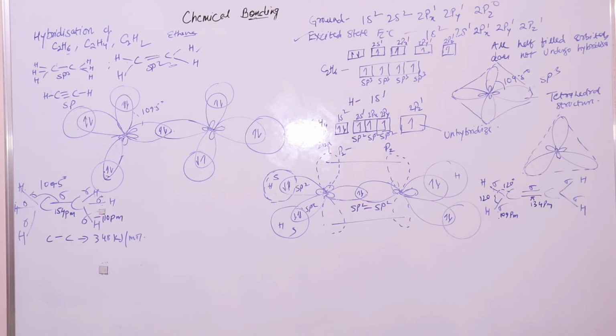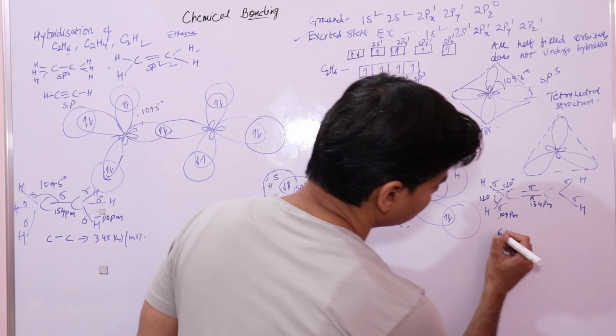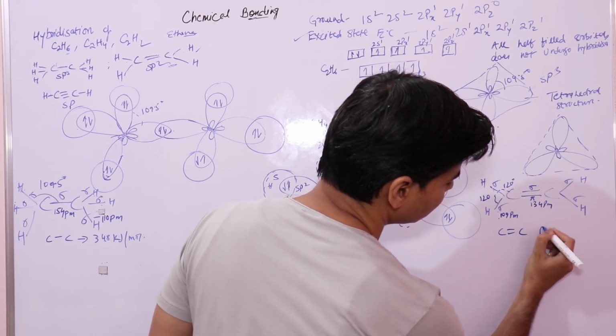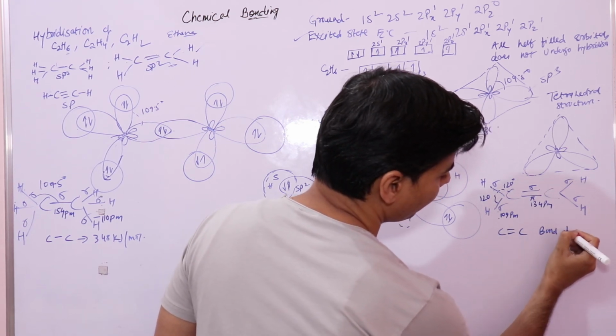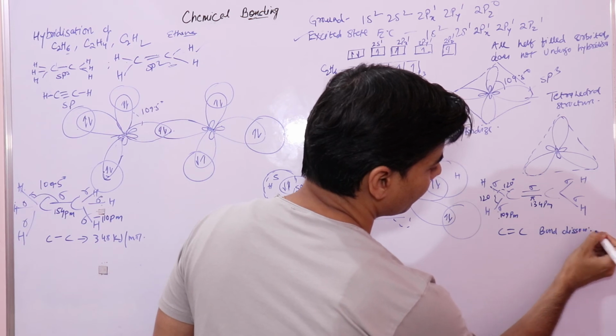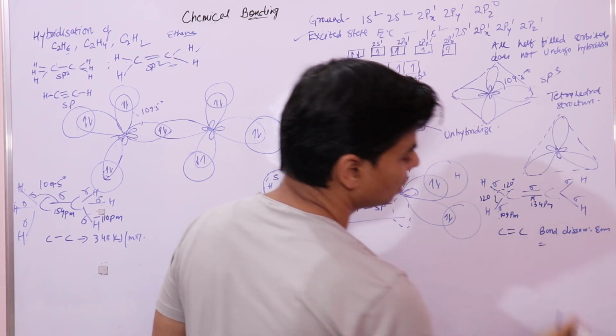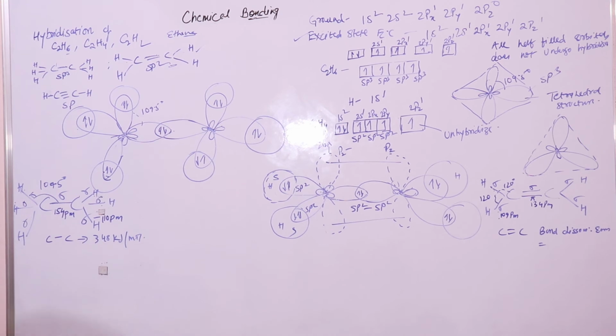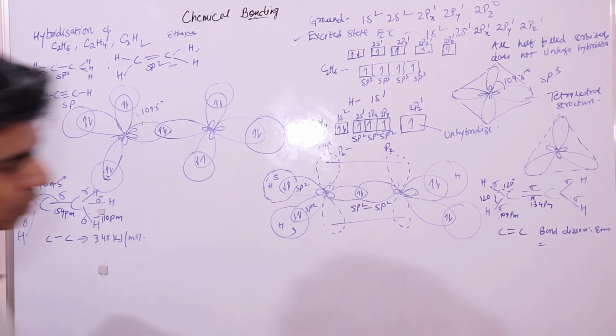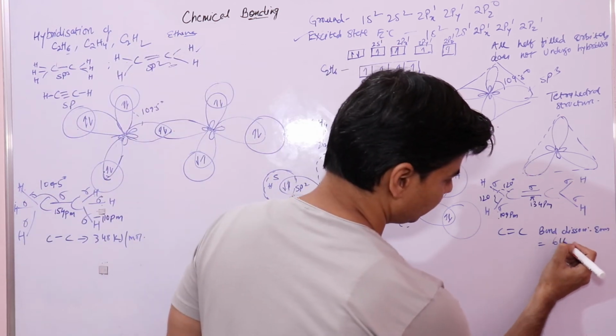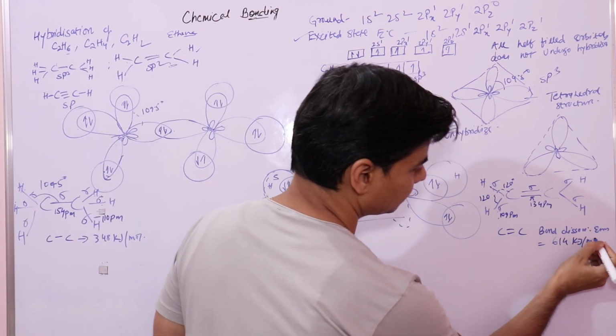And the carbon-carbon bond dissociation energy is 614 kilojoules per mole.